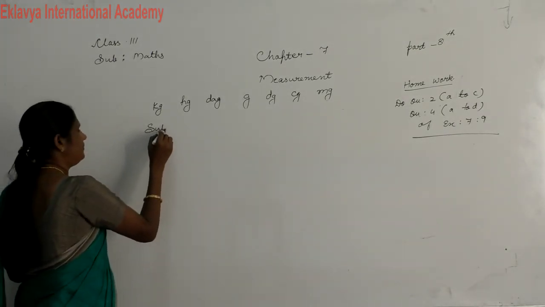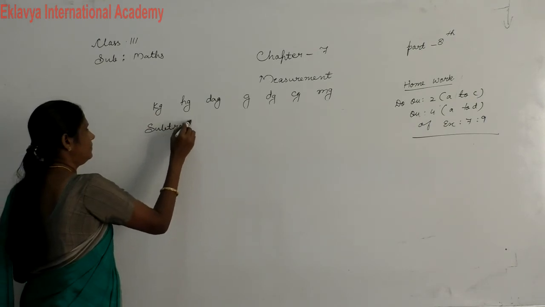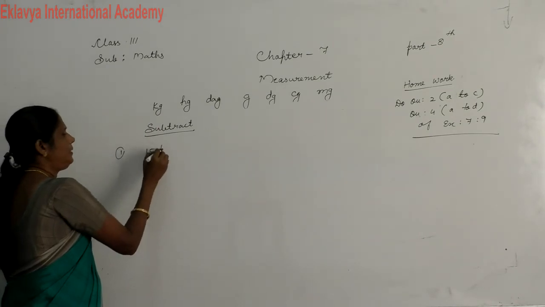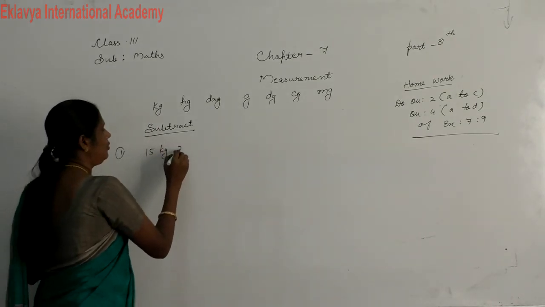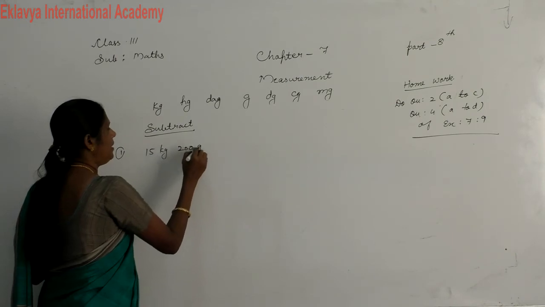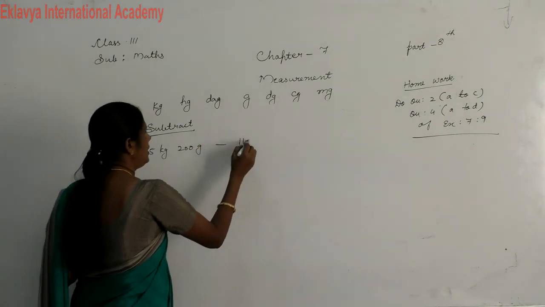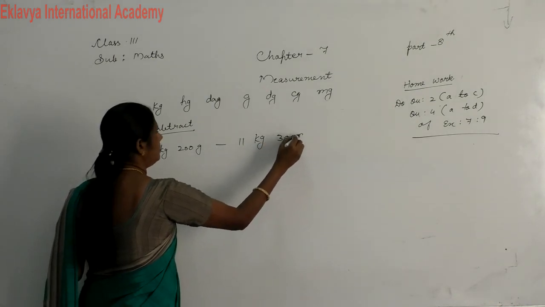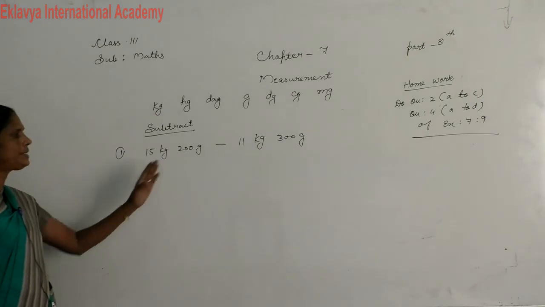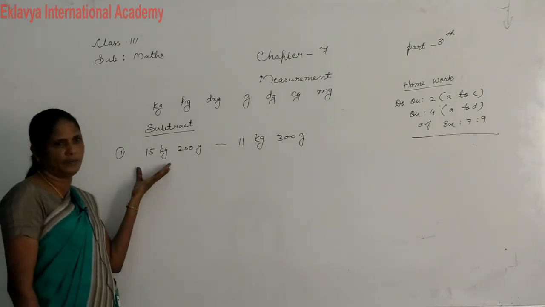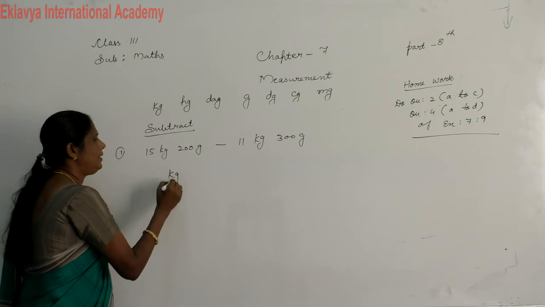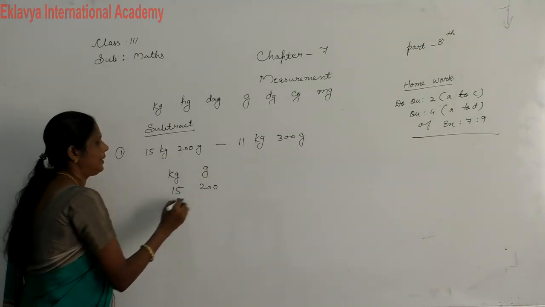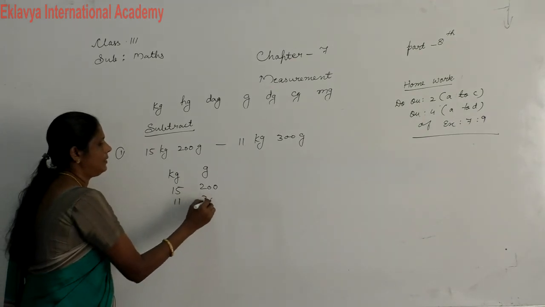subtract. 15 kg 200 gram minus 11 kg 300 gram. Here which number is greater? This is greater. You write kg, gram, 15, 200, here 11, 300.